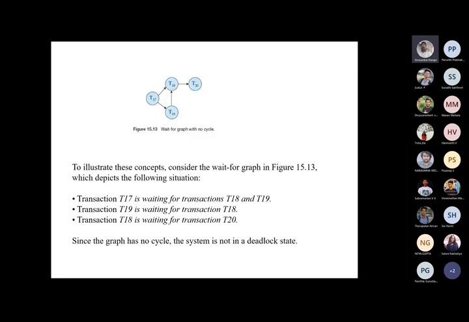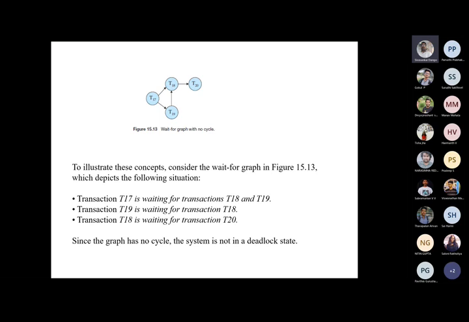To illustrate this concept, we have figure 15.13, which represents a wait-for graph with no cycle. Here we have four transactions, T7, T18, T19 and T20.